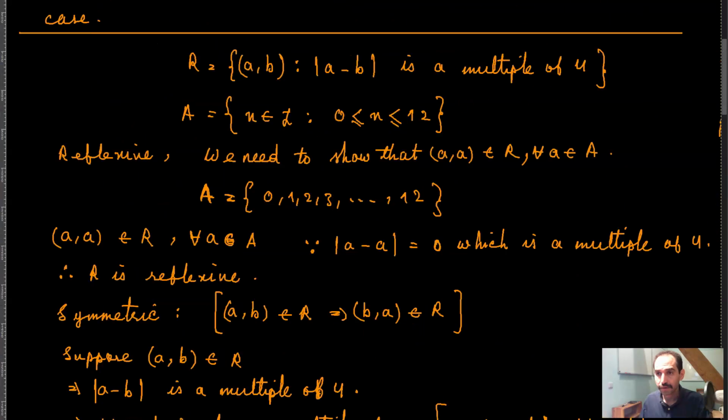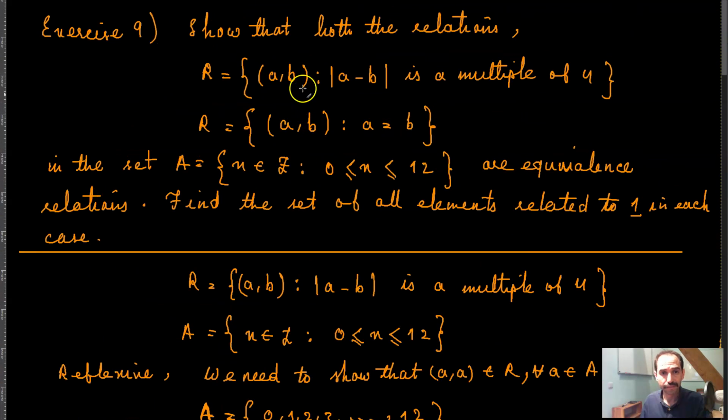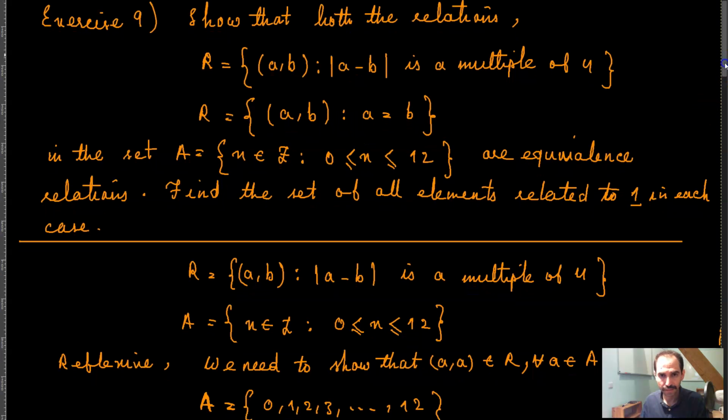Now the second part of the problem is that I have the same set A, but this time the relation changes. The relation is all the ordered pairs a comma b such that a is equal to b.